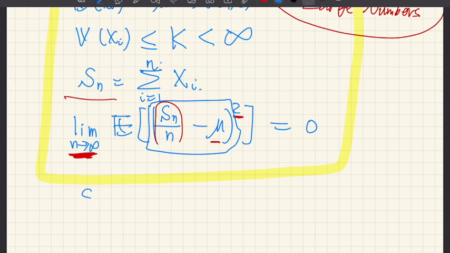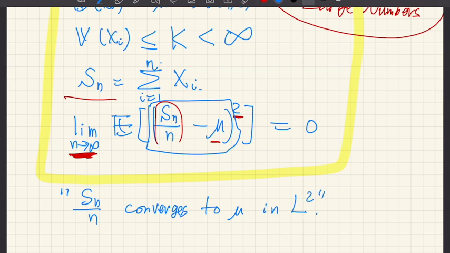In this case we say Sn over n converges to mu in L2.